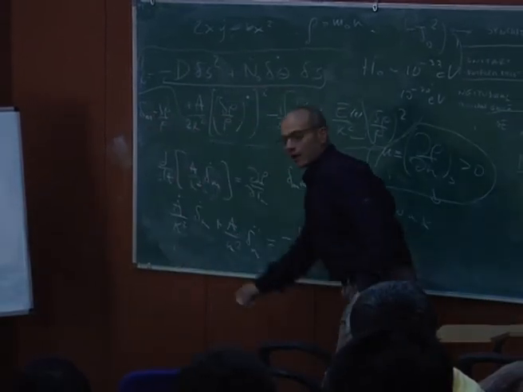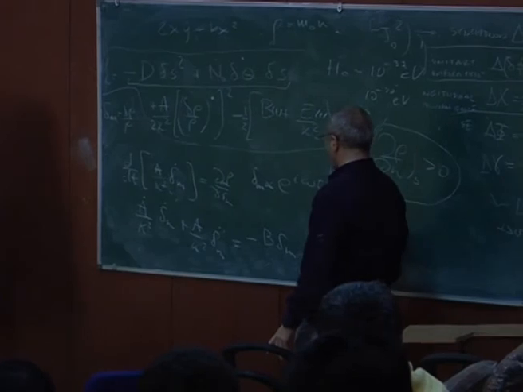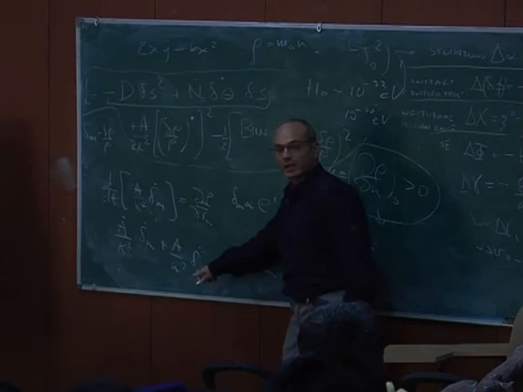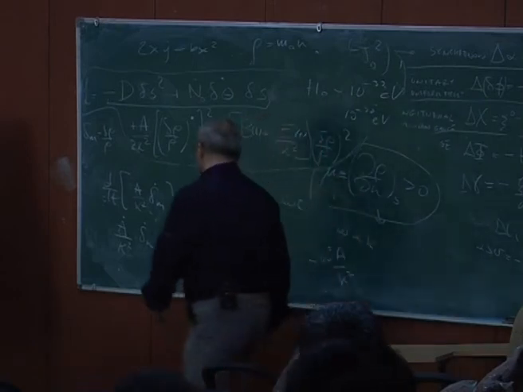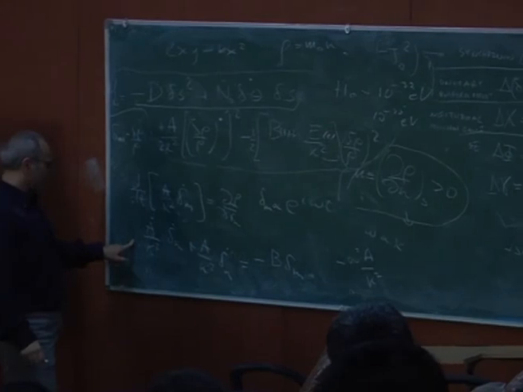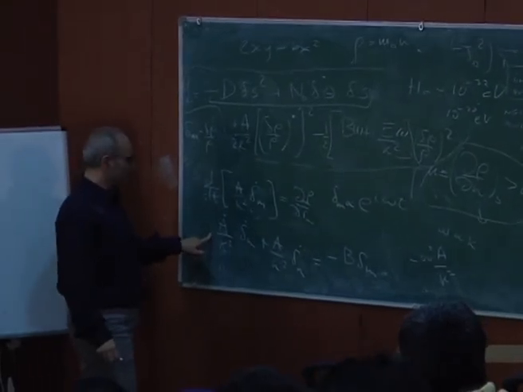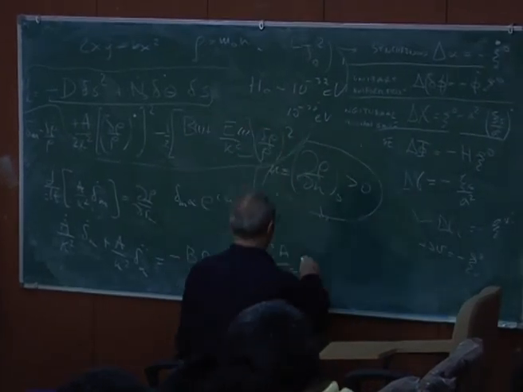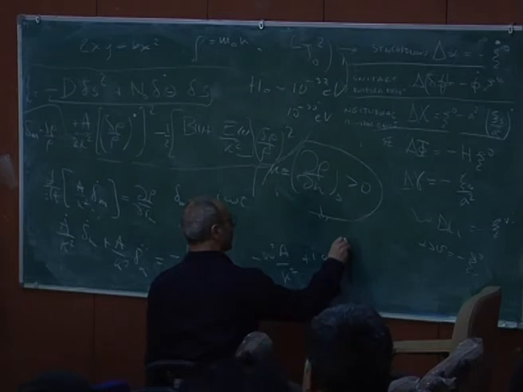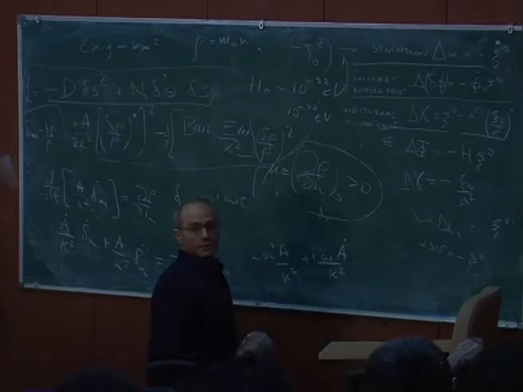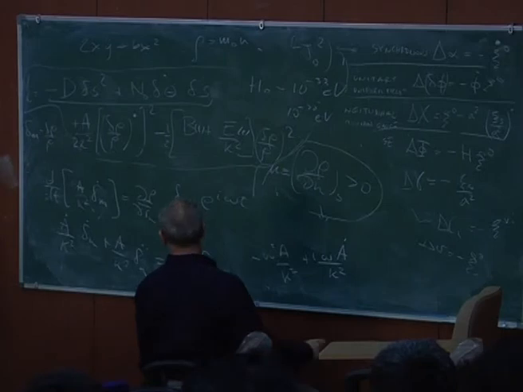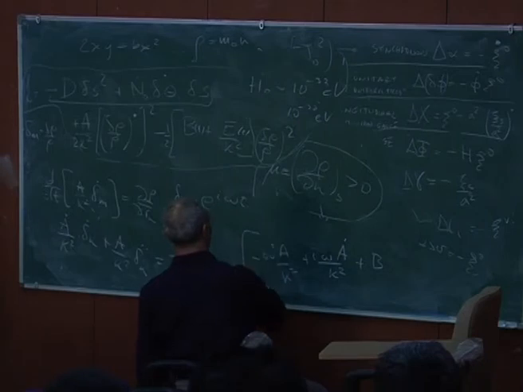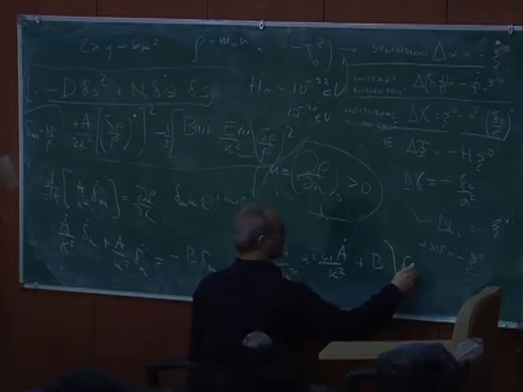So from this one, I will get minus omega square A divided by k square from this term here. And this will become probably plus i omega A dot divided by k square, plus B times delta M equal to 0.